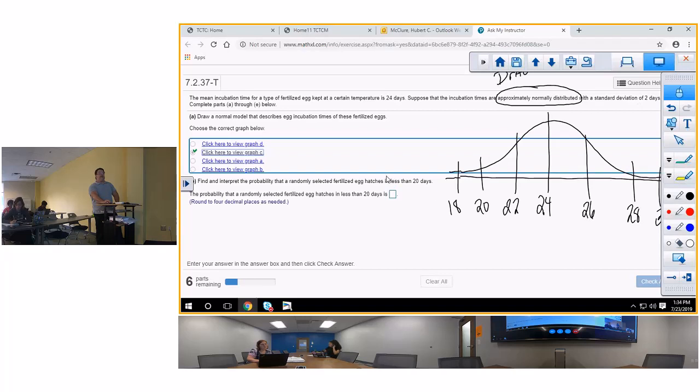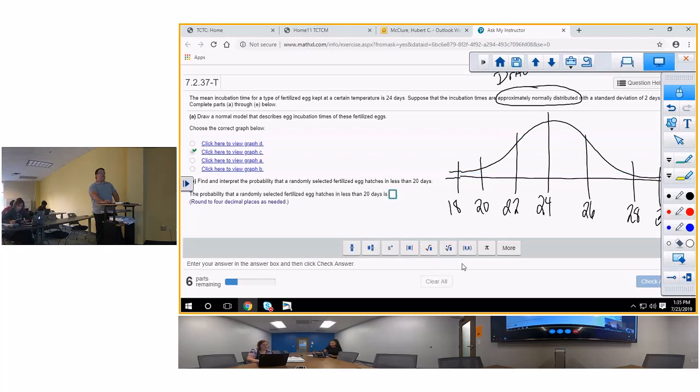Negative 9999 to -2. Somebody give me 4 digits, please. Zero, 2275 or 8. And we said 2.5, so that's 2.3, so we're right close to it.